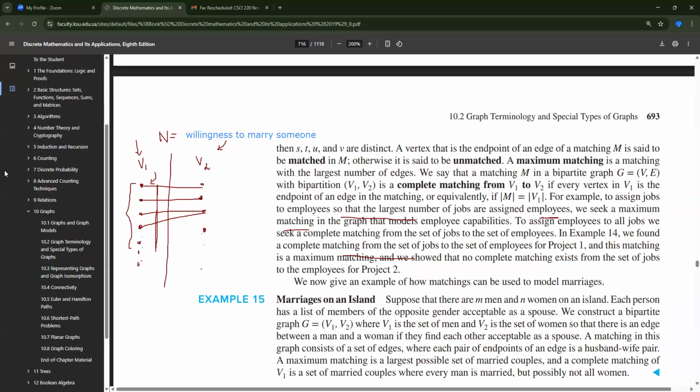Maximum matching basically means you just want to get as many edges as possible. A maximum matching is something like this: this is connected with this, everything is connected with everything else.